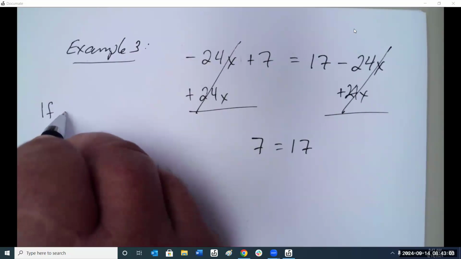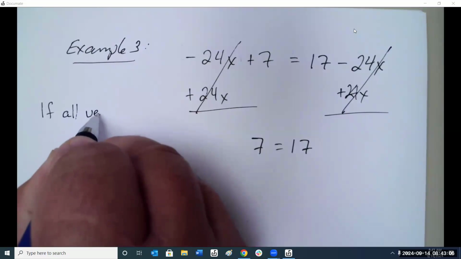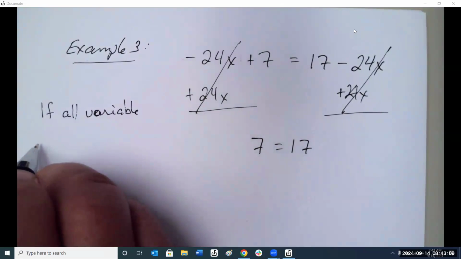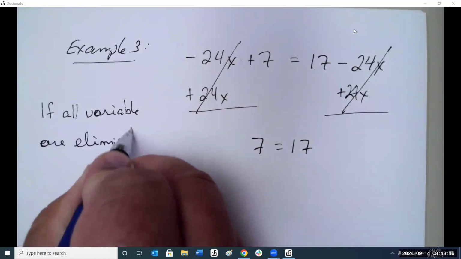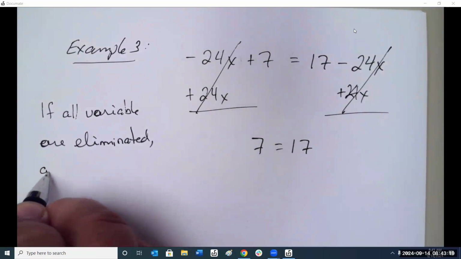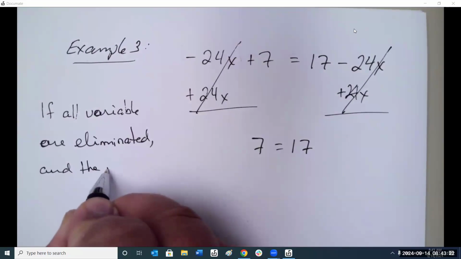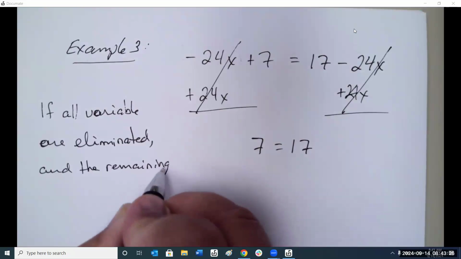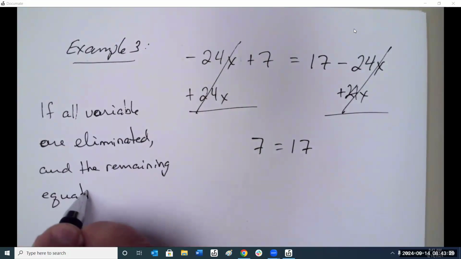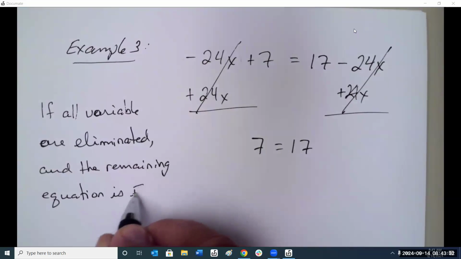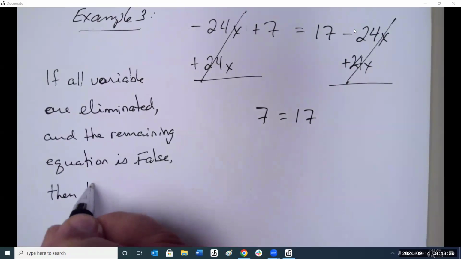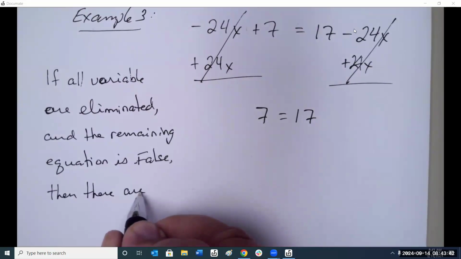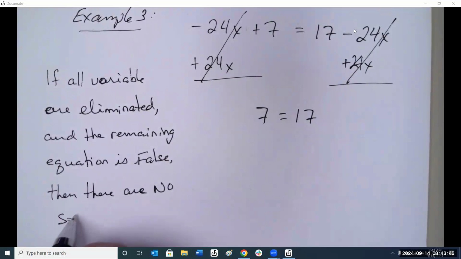Here, if all variables are eliminated, and the remaining equation is false, then there are no solutions possible.